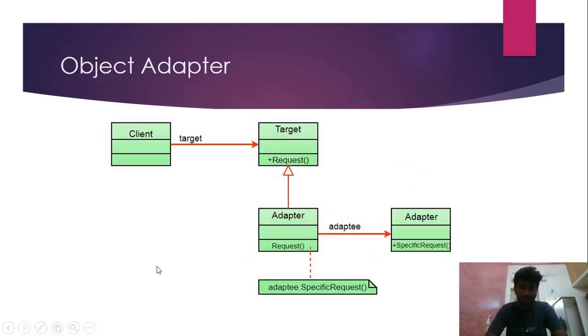Whereas object adapter is similar to the class adapter. The thing is that here the adapter instantiates an object of the adaptee and works. This is how the implementation takes place here.